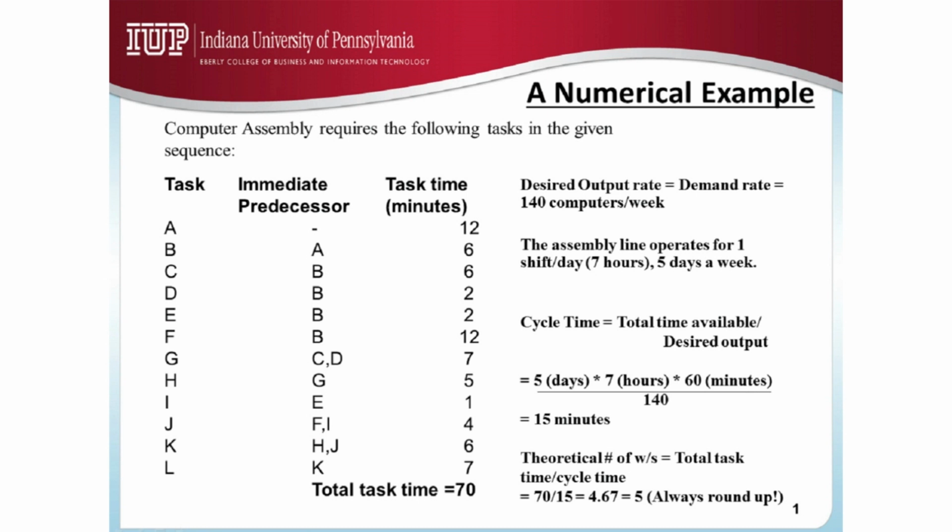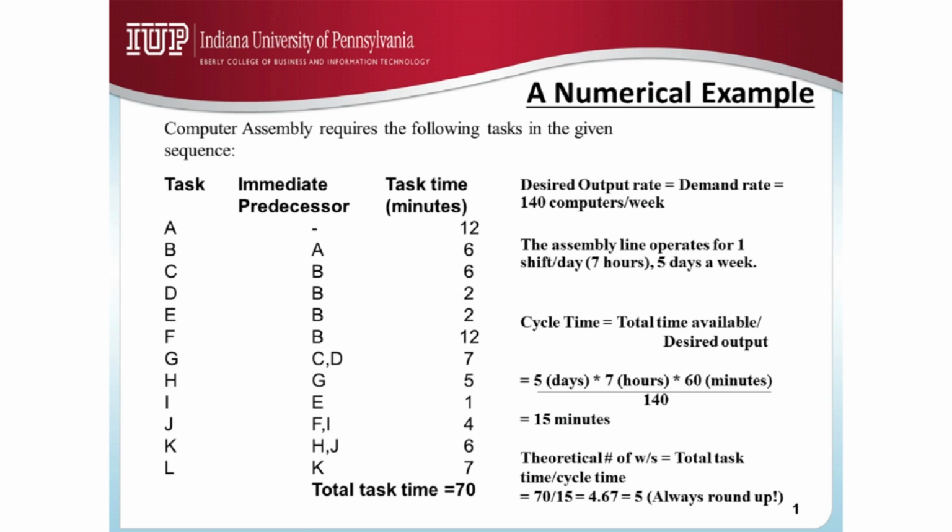Some more data. This is something that management should have provided you with, or you should know as management. Desired output rate. That is, what is the number of units that you need to produce? So here, the desired output rate is the same as the rate of the demand, which may be a forecast, or it may be from confirmed orders from customers.